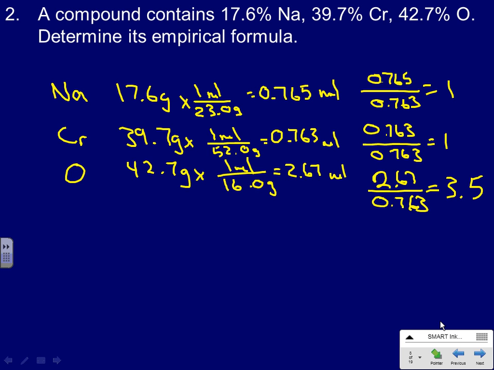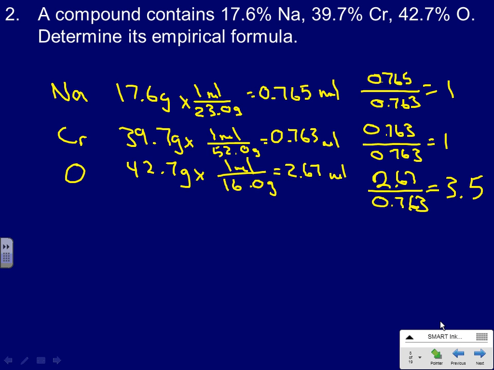This is a formula that doesn't contain any 1s in it. It contains other numbers. And so its lowest ratio doesn't contain 1s. It does have the ratio of 1 to 1 to 3.5, but we know what to do when we're dealing with a 0.5. It's like in a balanced chemical equation. If I get a 0.5, how am I going to fix this problem? I'm going to double everything.